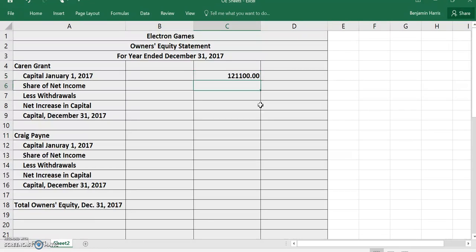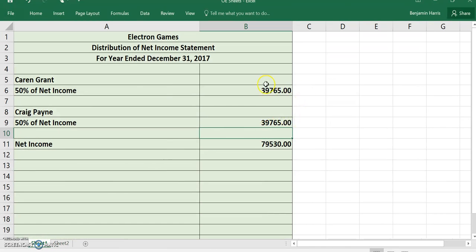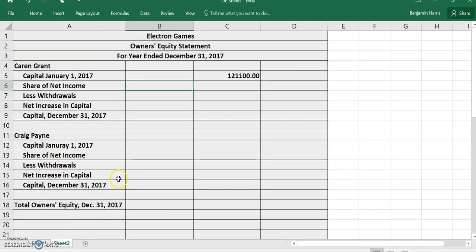Her share of net income that we found was $39,765. Withdrawals, if we look at the worksheet, we're going to see that Karen withdrew $21,550.